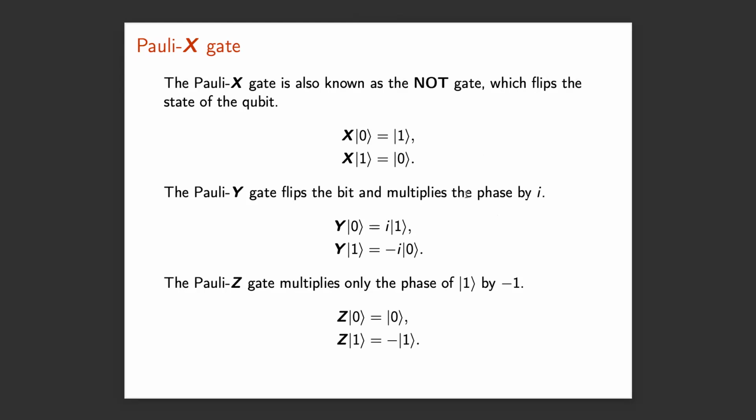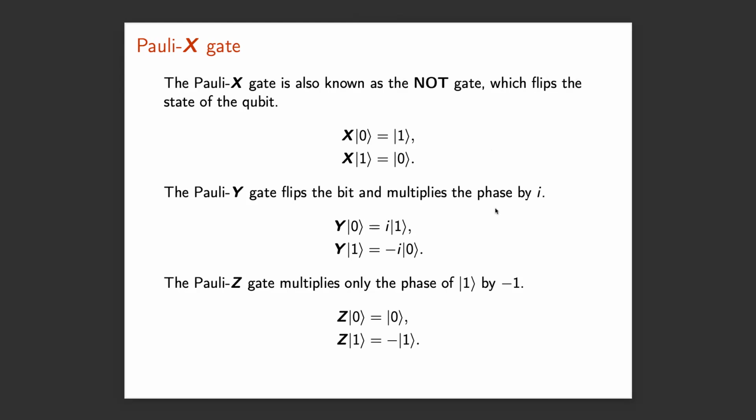Then we know that when these act on the computational basis, the basis 0 and 1, when we act on this with X, this flips the state from 0 to 1, and vice versa.